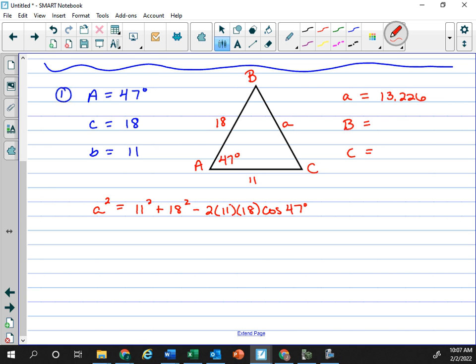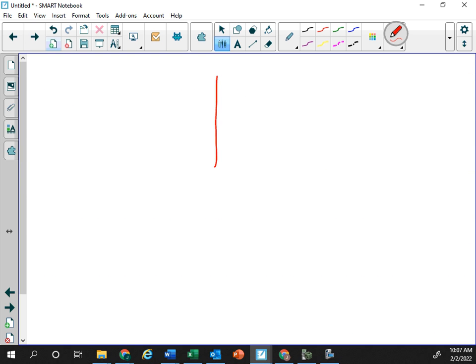The reason being, if you use law of sines, it will never give you an obtuse angle. So if one of these angles, which angle C potentially could be the obtuse angle, if you find that next with law of sines, if it's obtuse, you're going to get the wrong answer. Remember, inverse sine only gives you answers on this side of the circle from -90 to +90.